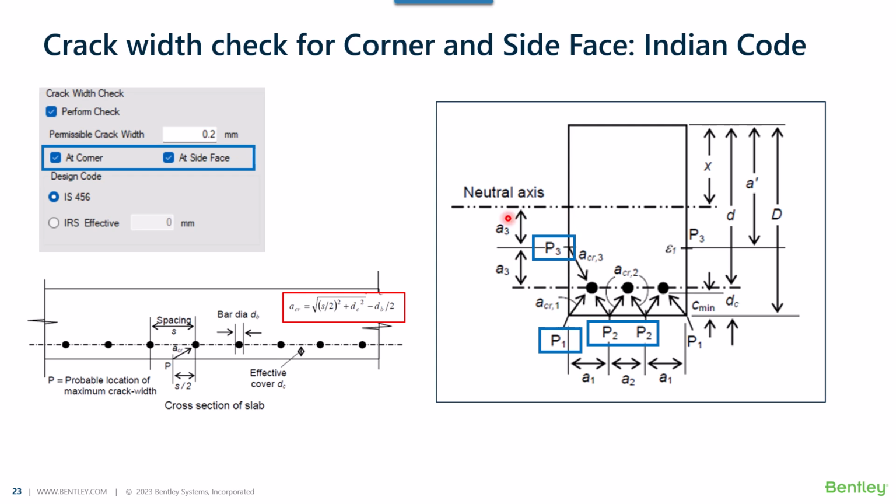That is, the crack width at the location P3 should also be calculated, and this condition becomes critical mainly when the side cover is more or the bottom cover is more.